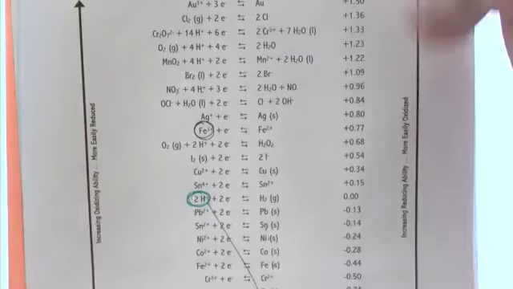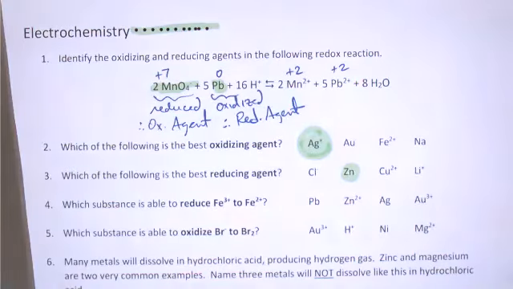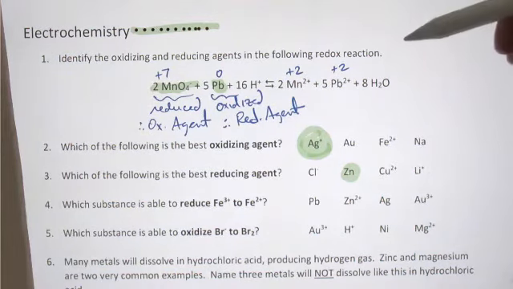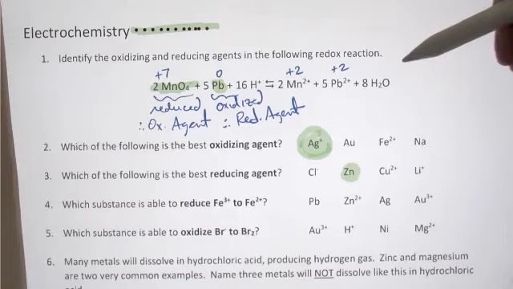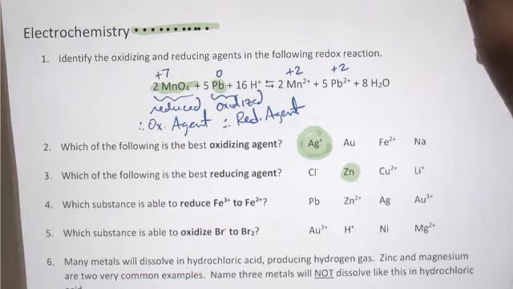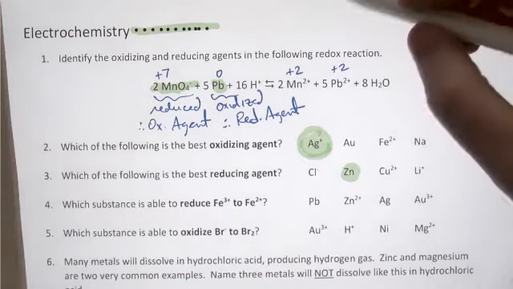The reason they're able to reduce Fe3 plus is because the cell potential would be positive if we have something below and to the right. So of these choices, lead looks good. In fact, that's the only one that works there, isn't it? Lead.